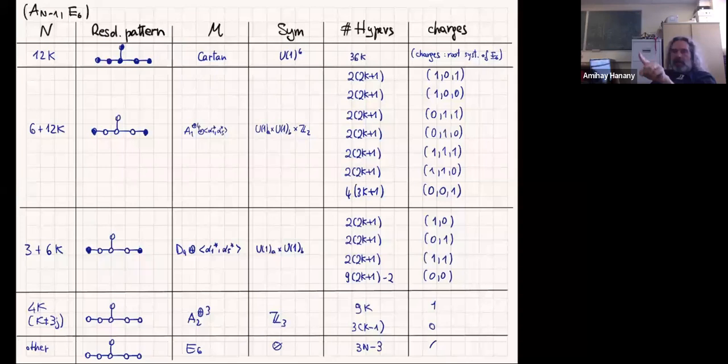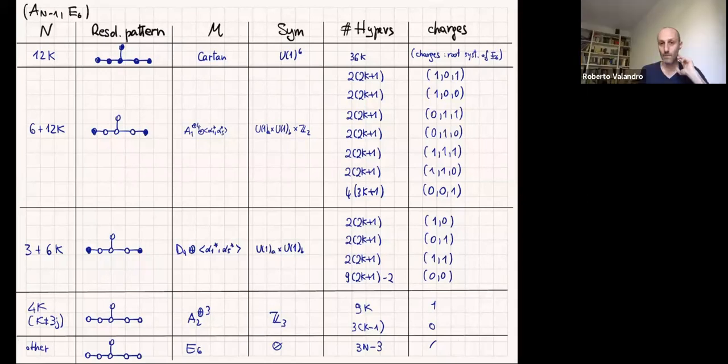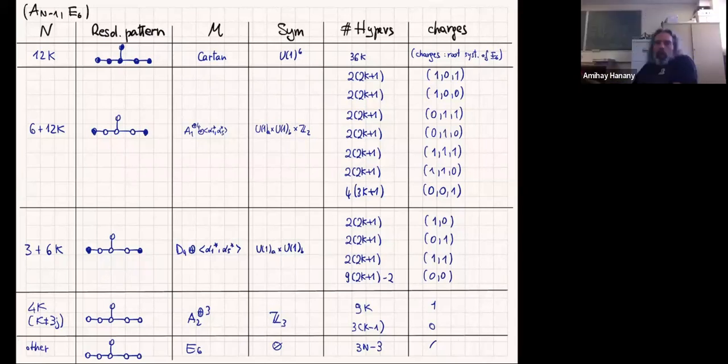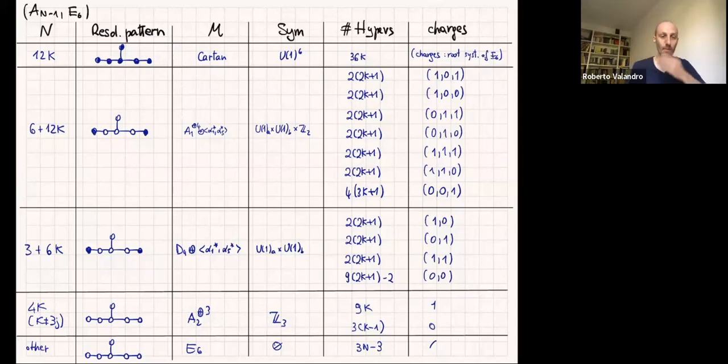One-center Taub-NUT would have 3 non-compact directions and 1 compact. Do you see such a thing? Okay, it depends.